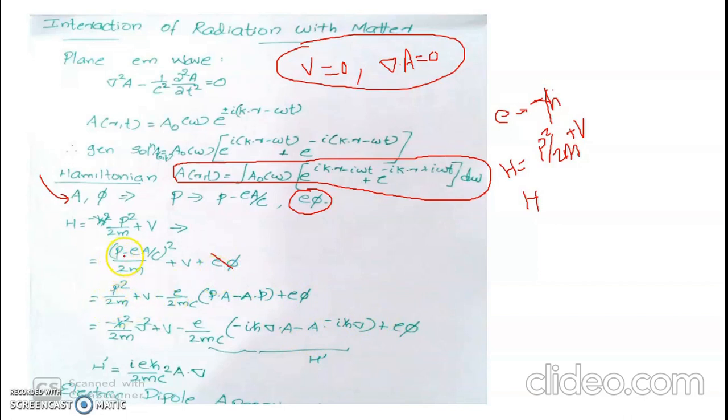So this is P minus EA by C whole square by 2m. You will have to square this. These are operators, both P and A are operators.